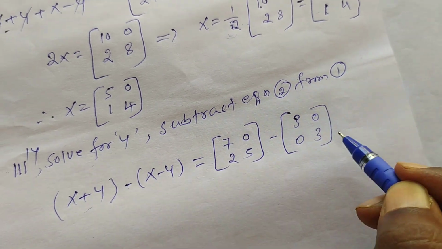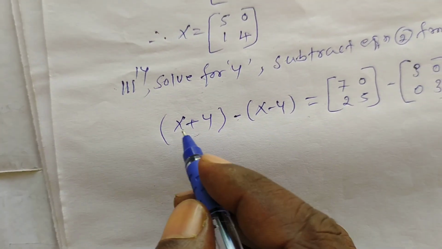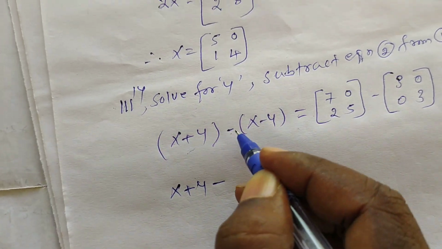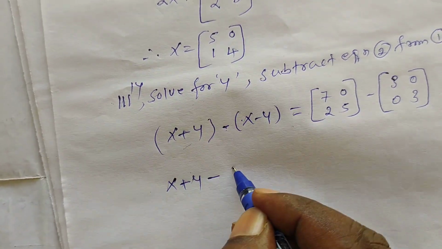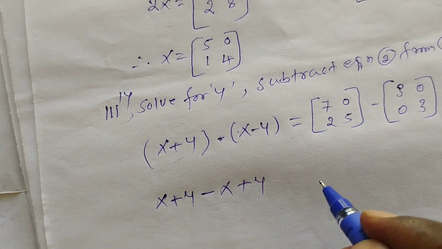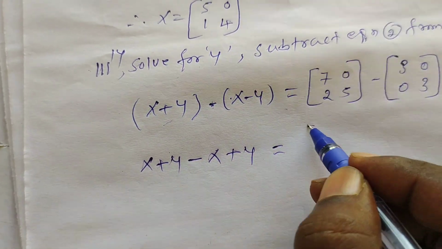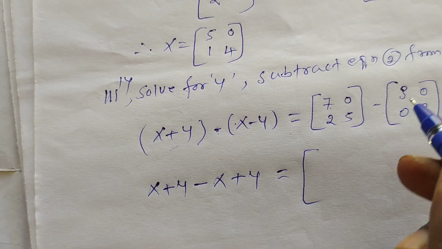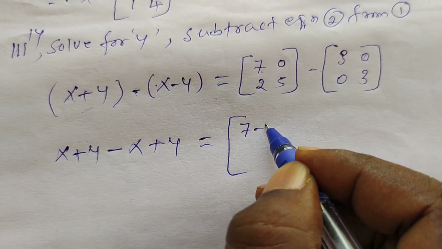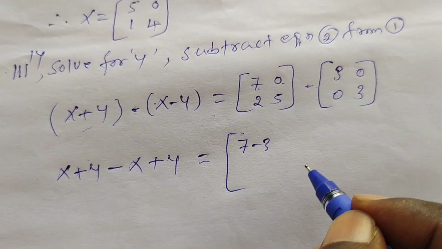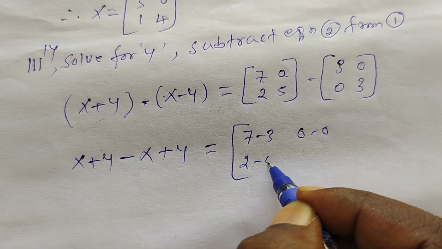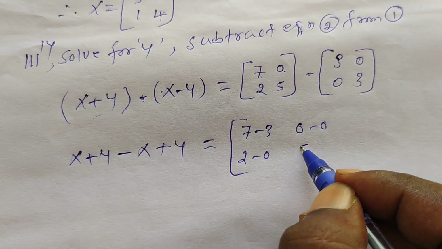So remove the bracket: X plus Y minus X plus Y. Here that is 7 minus 3, 0 minus 0, 2 minus 0, 5 minus 3.